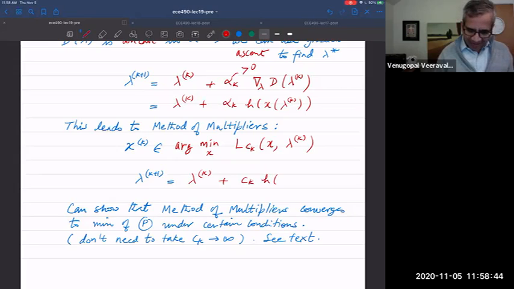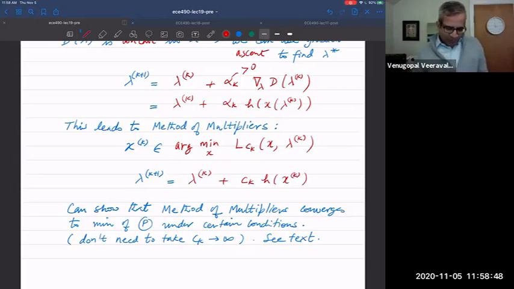Now here's a little catch. This is the confusing part. What you end up doing is using a step size that is actually an increasing step size, as ck is increasing.